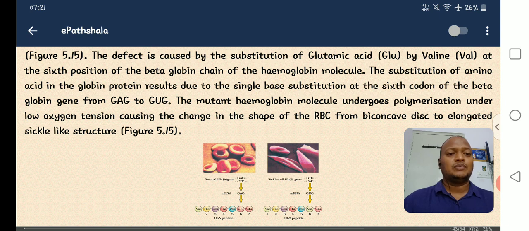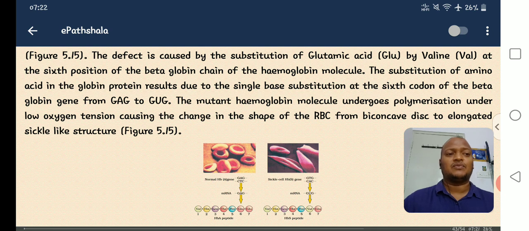In the place of glutamic acid, what is substituted? Valine is substituted. So at one point only, the amino acid is changed.